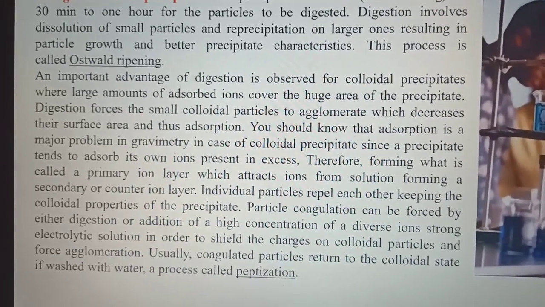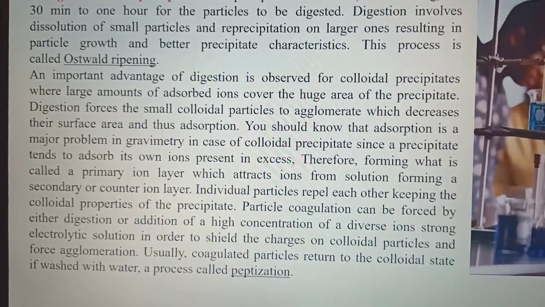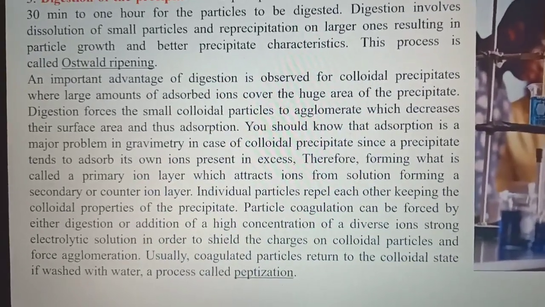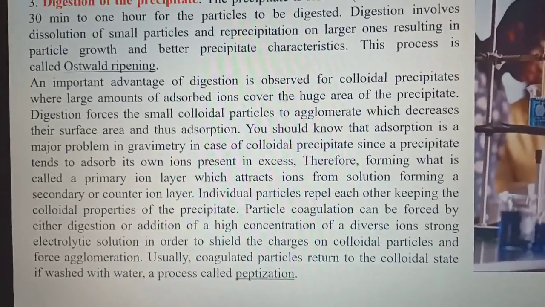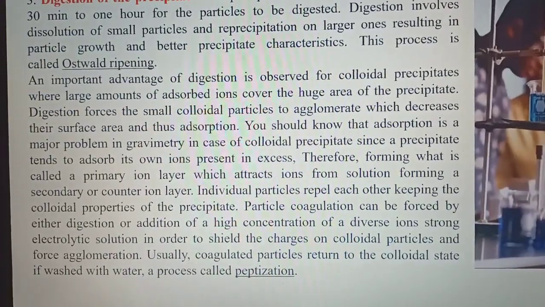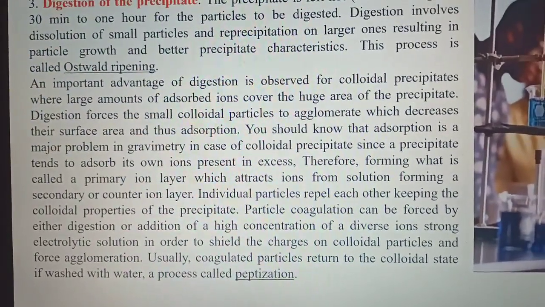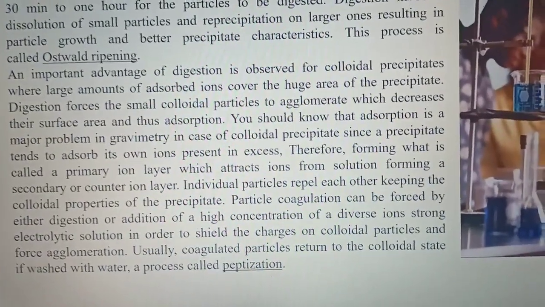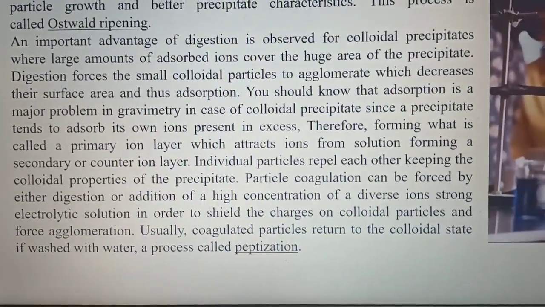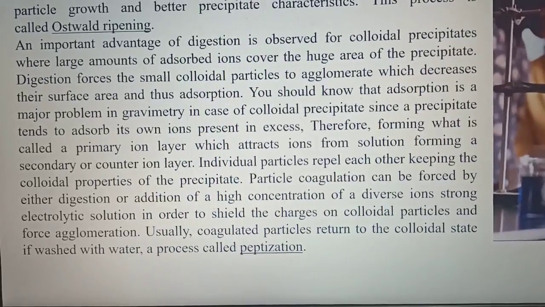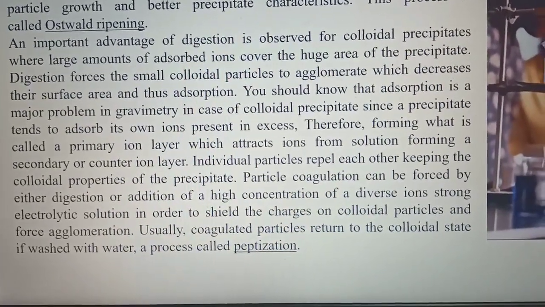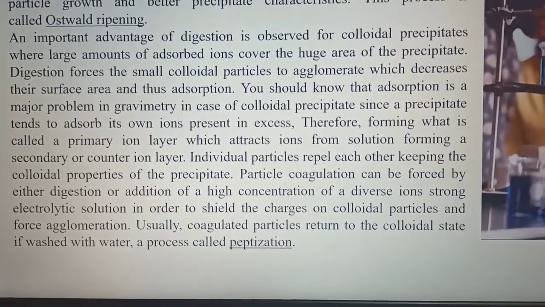This process is called Ostwald ripening. An important advantage of digestion is observed for colloidal precipitation, where a large amount of adsorbed ions cover the huge area of the precipitate, and thereby the surface area increases, leading to more adsorption.